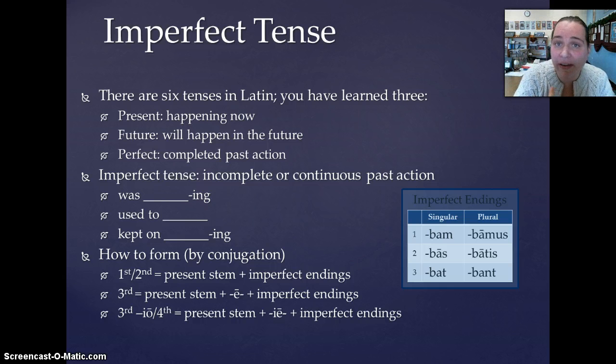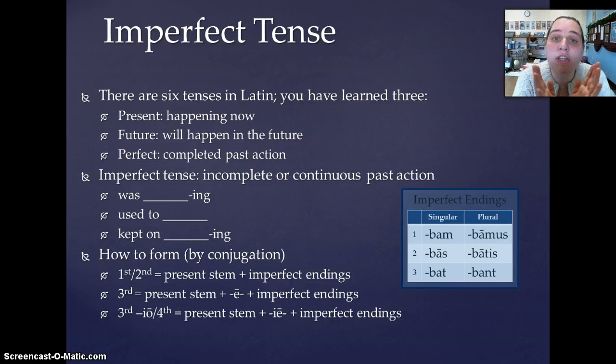And you've learned the perfect, which tells you a past action that has been completed. Now the imperfect is another past tense, but it tells us incomplete or continuous past action. So you have to translate the perfect tense and the imperfect tense differently.